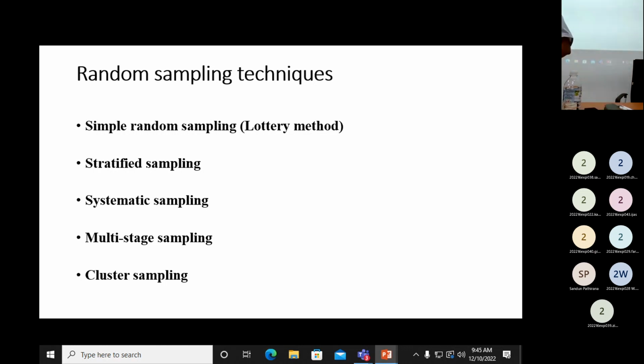As we follow several stages before selecting the sample, this is called multi-stage sampling.